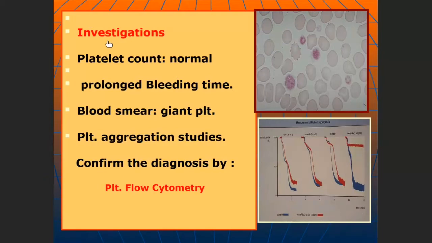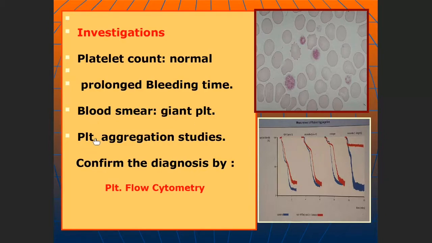Investigations of inherited platelet dysfunction. The platelet count is normal. The bleeding time is prolonged. In the blood smear, we have giant platelets, which are hemostatically more competent than the small platelets.